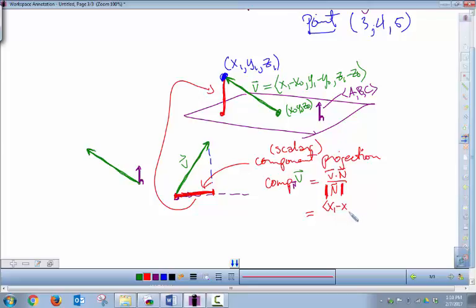So I'll put that over here just to get it ready. And then our N vector we know is ABC. And then the magnitude of N is the length of N, so that's the square root of A squared plus B squared plus C squared.